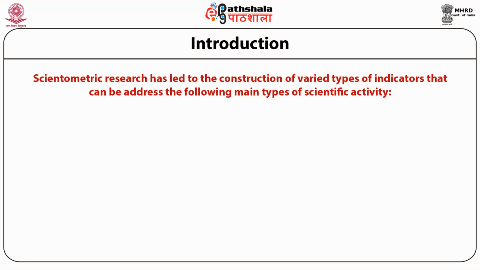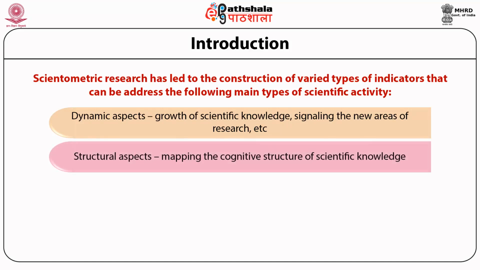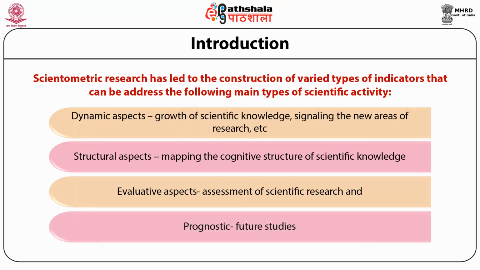Scientometric research has led to the construction of varied types of indicators that can address the following main types of scientific activity: dynamic aspects, growth of scientific knowledge, signaling the new areas of research; structural aspects, mapping the cognitive structure of scientific knowledge; evaluative aspects, assessment of scientific research; and prognostic aspects, capturing future trend.